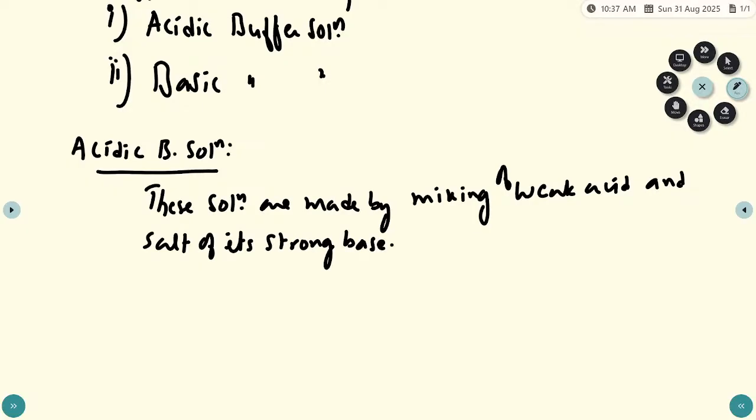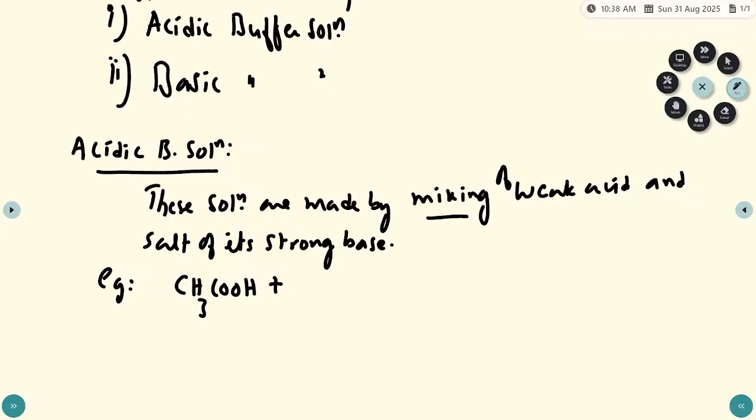How can you make these types of solution? By mixing up a weak acid and its salt of strong base. For example, tell me one weak acid: acetic acid, a weak acid, and its salt of strong base.